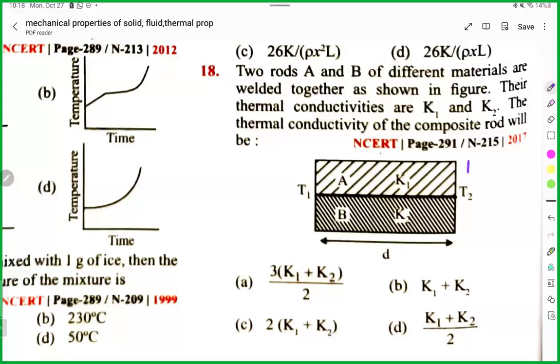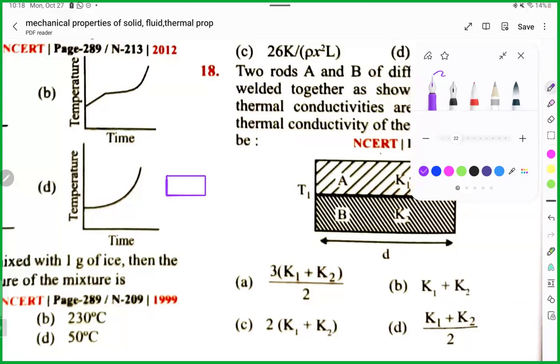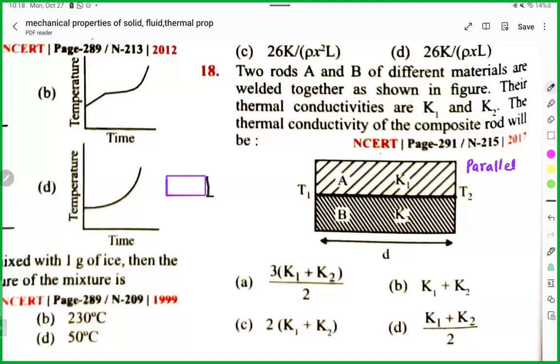This is a parallel combination. In case of series, it would have been one slab and a second slab, both joined together, right? This is series combination, like K1, K2. These are series. But one above the other is parallel combination.